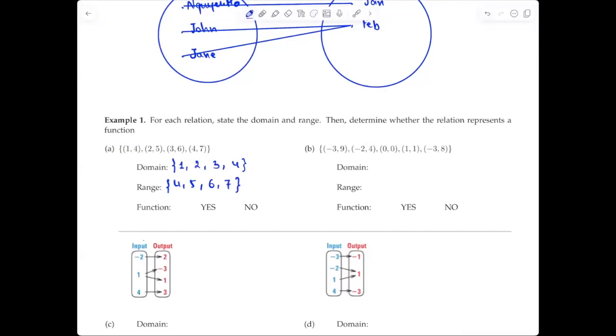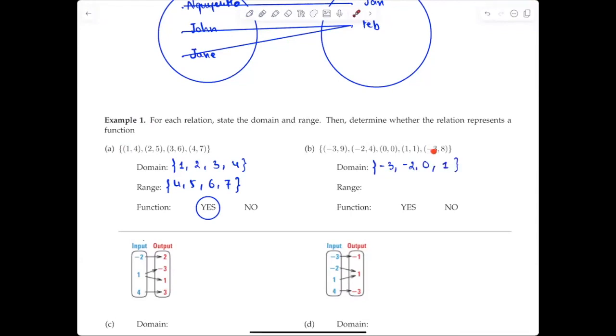And this relation is a function, right? Because 1 corresponds to 4, 2 corresponds to 5, 3 corresponds to 6, and 4 corresponds to 7. So this relation is a function. Now for B, the domain in this case is going to be -3, -2, 0, 1.